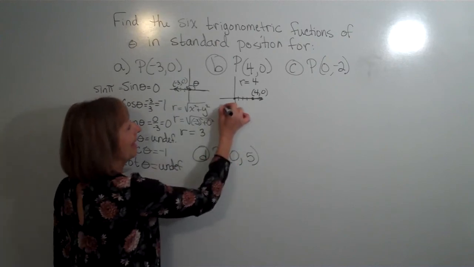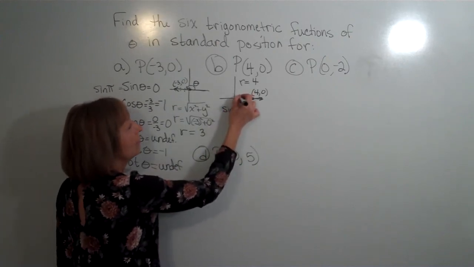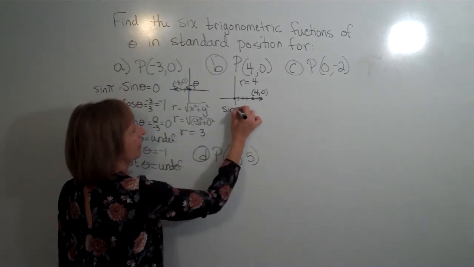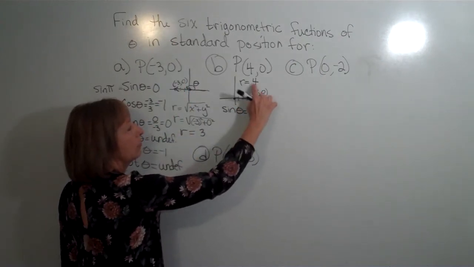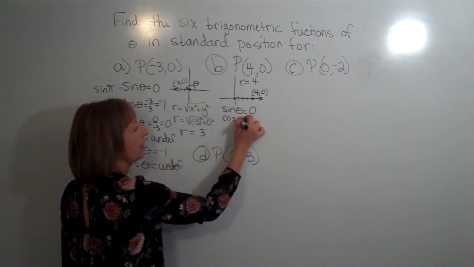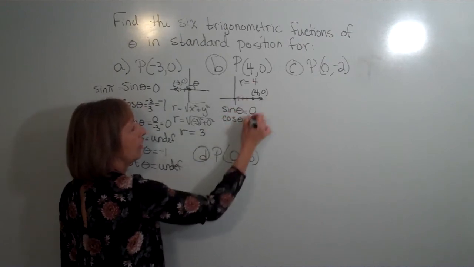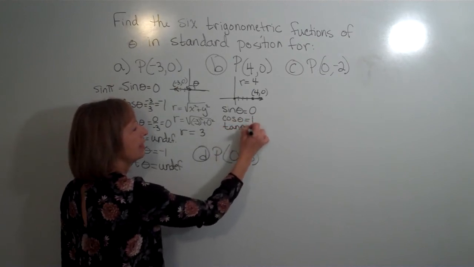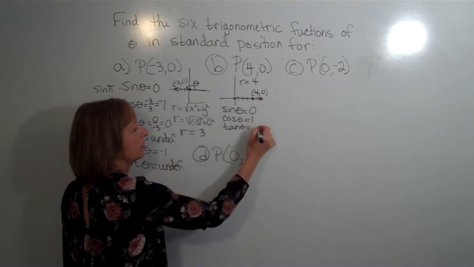So then the sine of this angle, we called it theta, is y over r, so 0. The cosine of this angle theta is x over r, which is 1. The tangent of theta is y over x, which is 0.